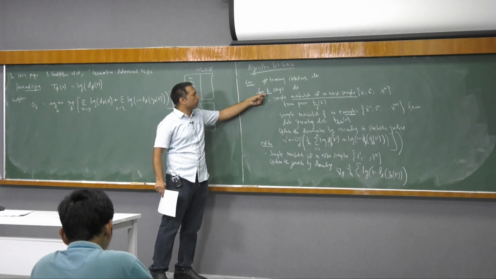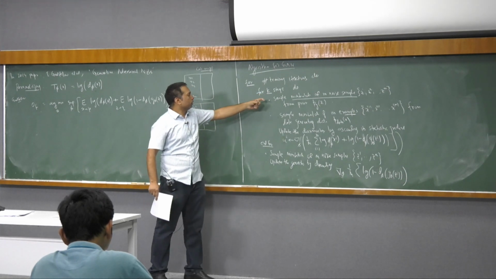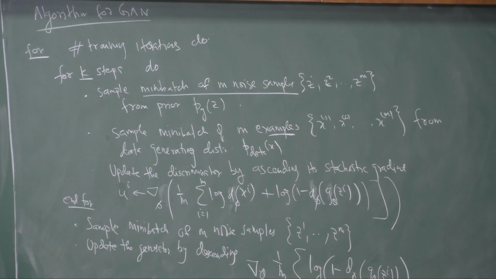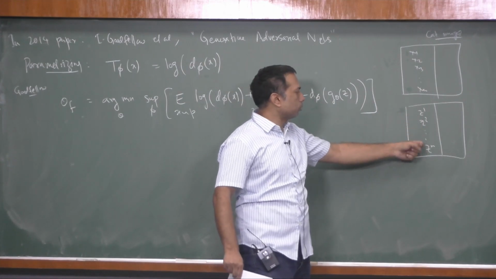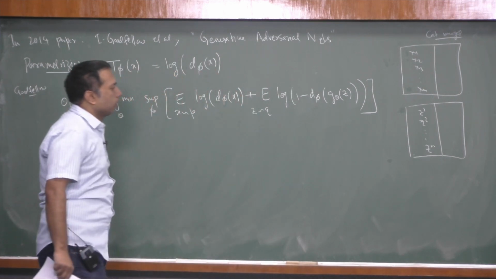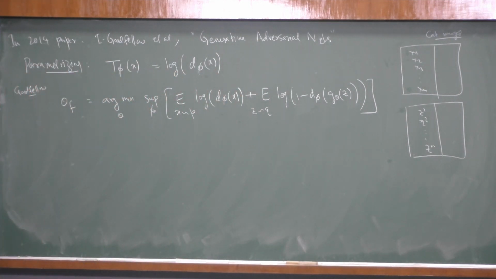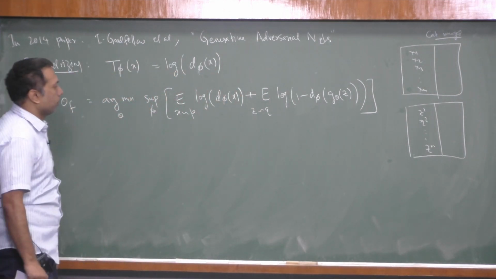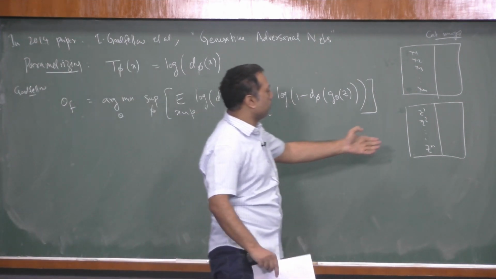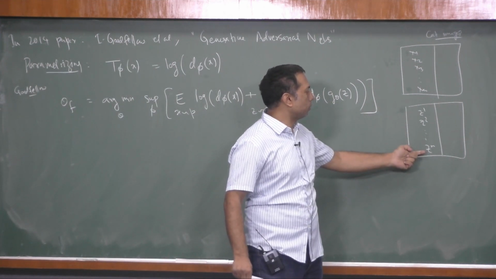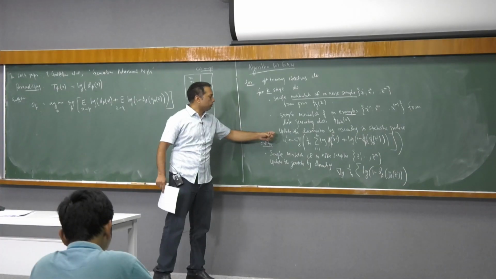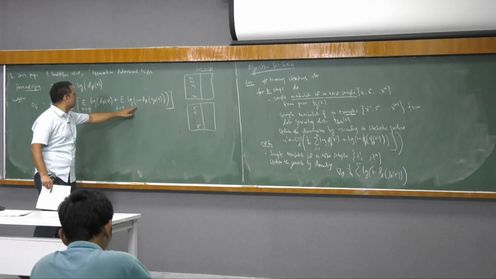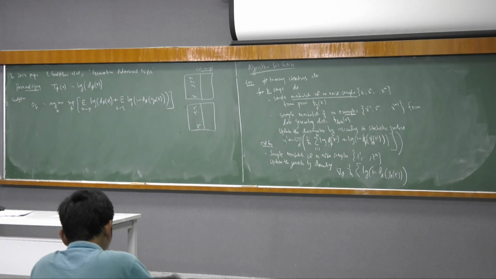So we sample a mini batch of m, and then we also generate noise samples. As I said, noise samples could be, let's say, from a uniform distribution. Basically random vectors that follow a uniform distribution. That's also done here, and those are the things I need to define these expectations.